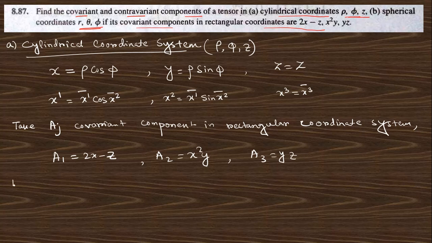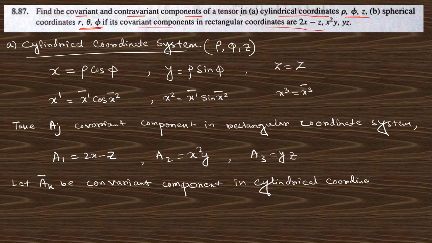Now let Ak bar be the covariant components in the cylindrical coordinate system, clear? In the cylindrical coordinate system, Ak bar.